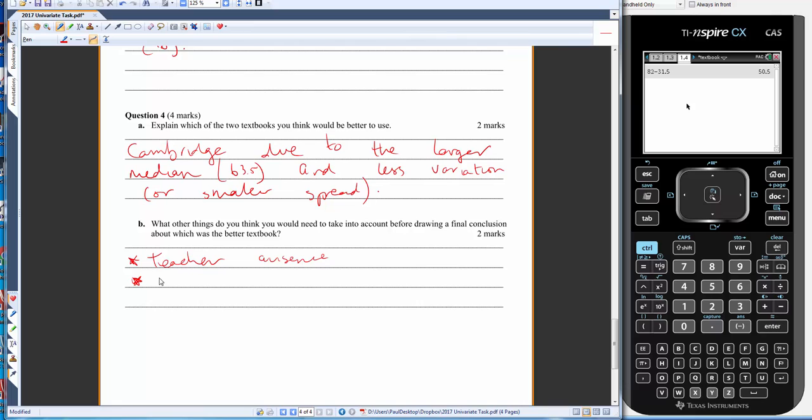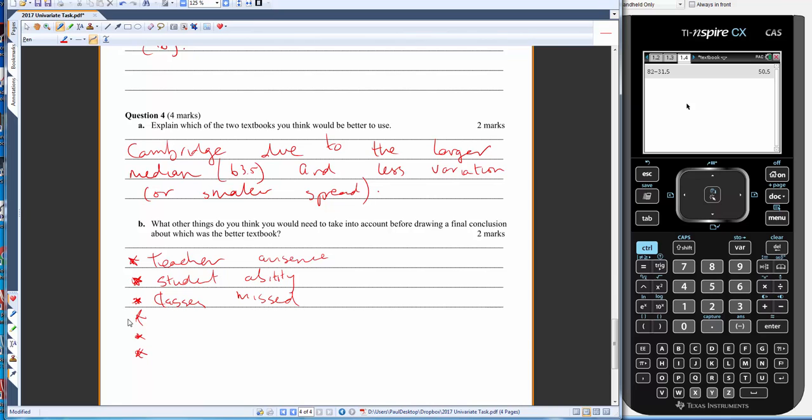Okay, you could look at student ability. There was a class that just found maths a little bit more challenging than another class. Okay, you could look at classes missed. One of the classes lost a double due to athletics. Okay, so there's heaps of different things that really do affect the result rather than just the results.